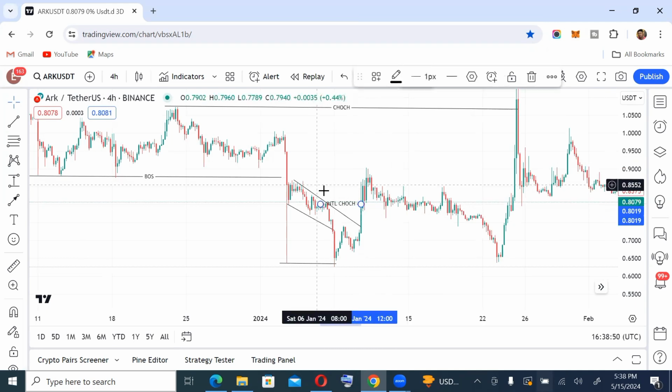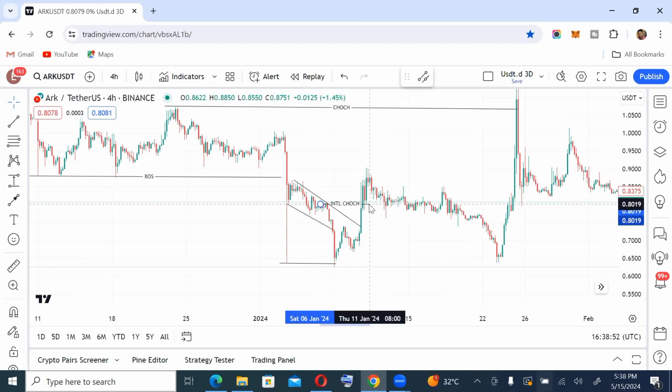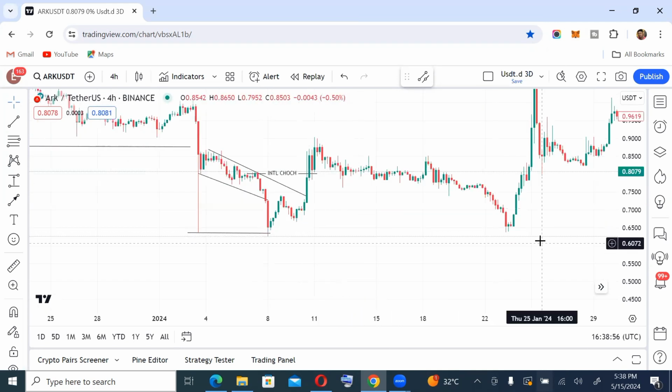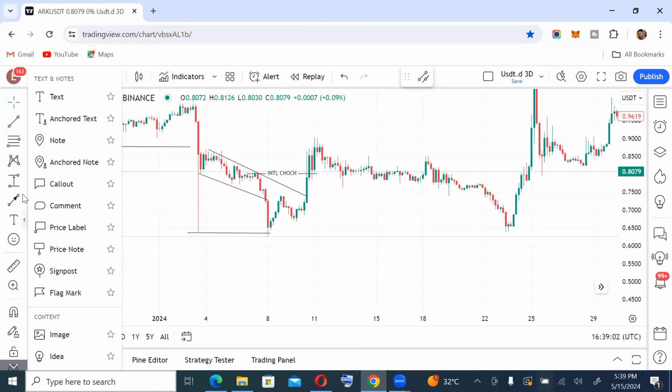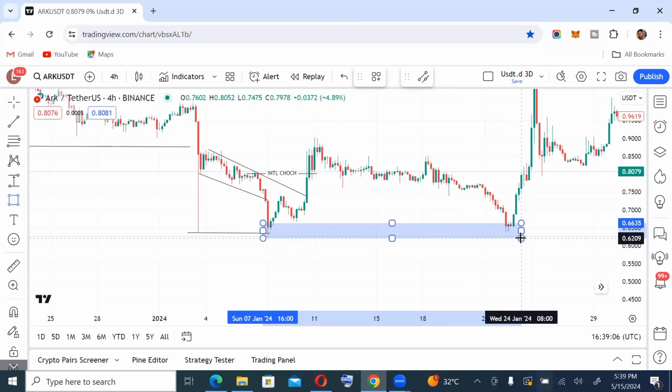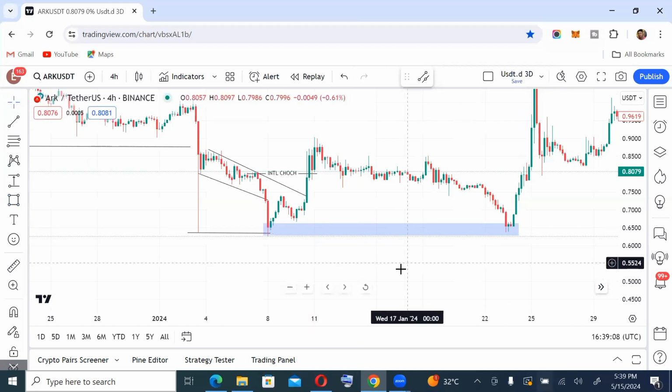Yeah, so we have our internal choch here. And guess what price did? Came back to retest this level, came back to retest here. So internally now, we're already bullish as of here. I'm showing you this so that you know how to get into the very best trades.